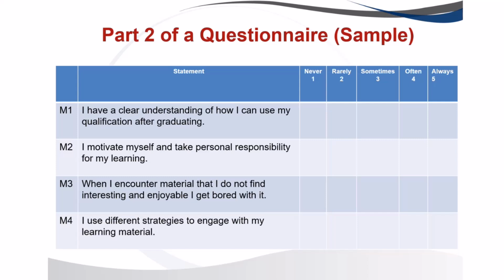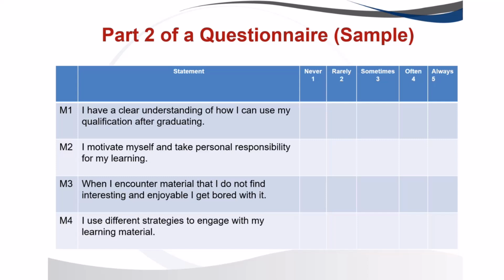If a student agrees they have a clear understanding of how they'll use their qualification after graduating, it leads to motivation. The second one is obvious. M3, when I encounter material that I do not find interesting and enjoyable, I get bored with it. It has to do with motivation. The last one has nothing to do with motivation.